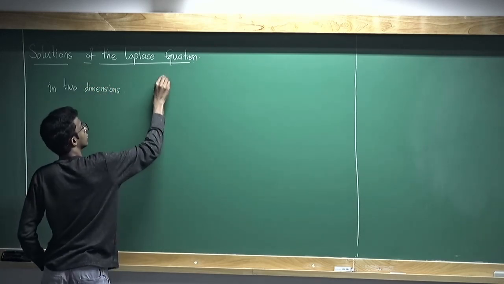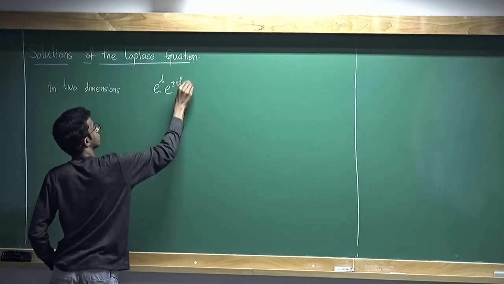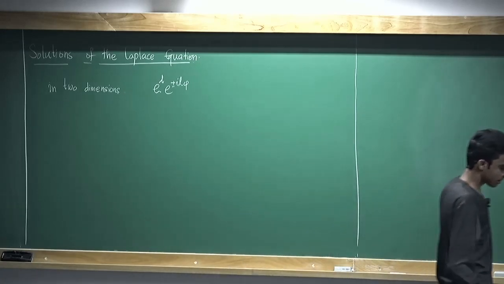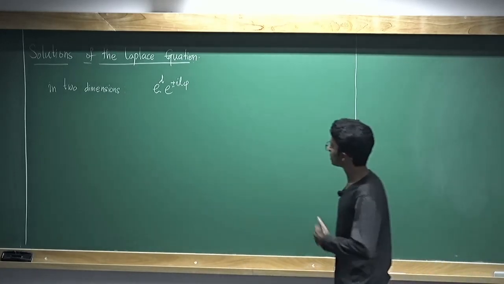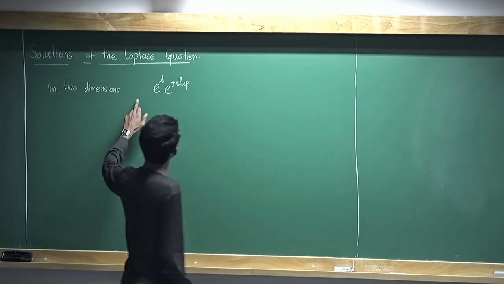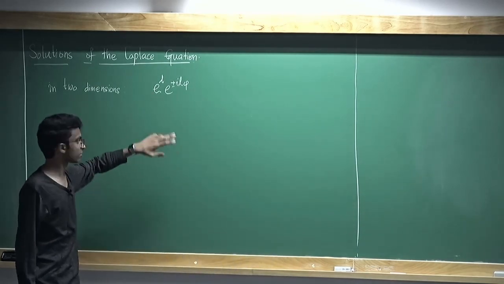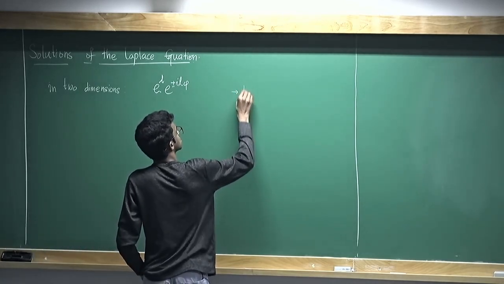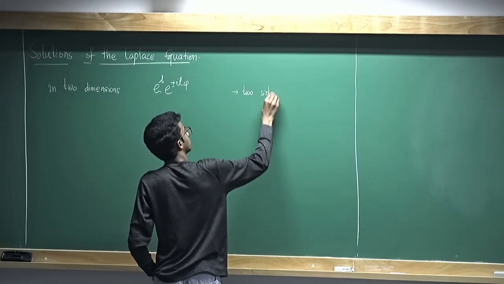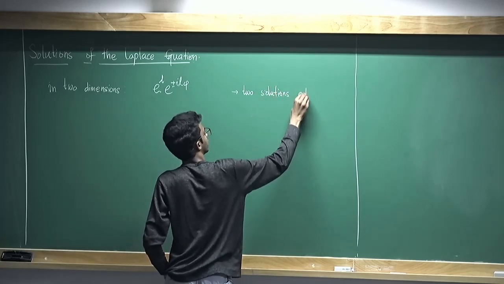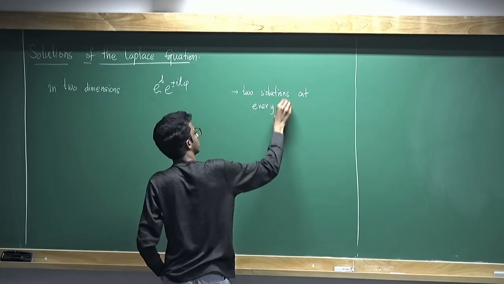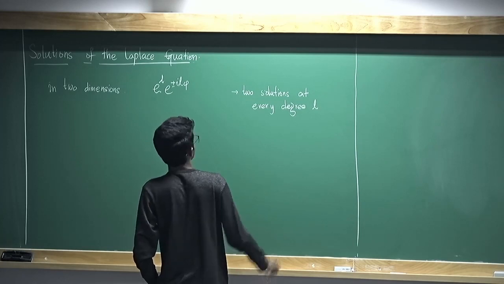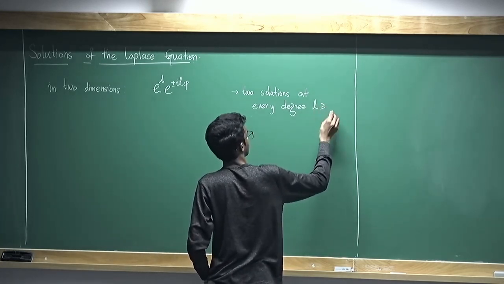We wrote down rho to the L e to the plus minus i alpha, and we noted that these solved the Laplace equation. And then remember that we had done a counting. At degree L of the homogeneous polynomial, there are 2 solutions at every degree L greater than or equal to 1.